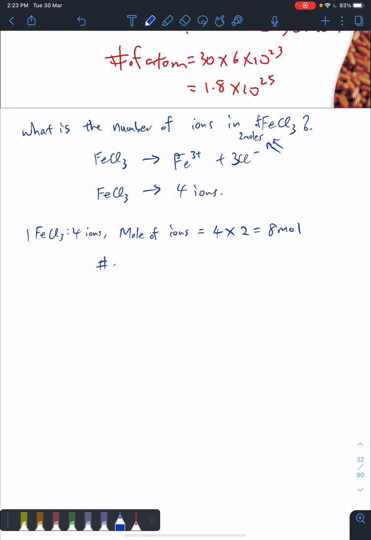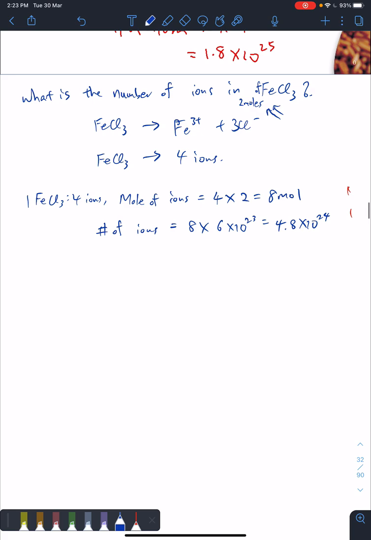And lastly, the number of ions would be 8 times the Avogadro number. So this is a typical question, and this is 2 marks. Quite simple.